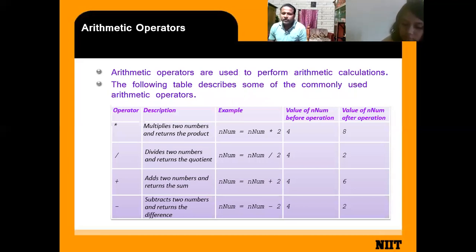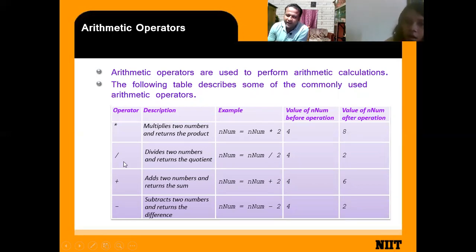Now in arithmetic operators, we use multiplication. Multiplication is used to multiply a number. When we evaluate the statement nNum equals nNum into 2, in nNum we have taken 4, so 4 into 2 is 8.